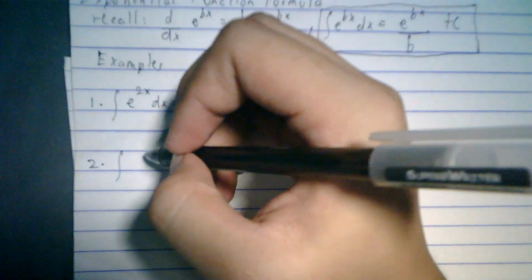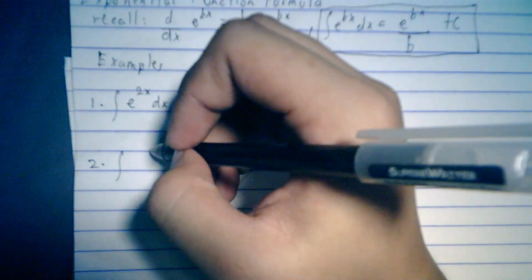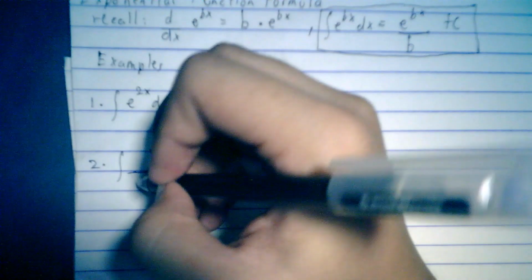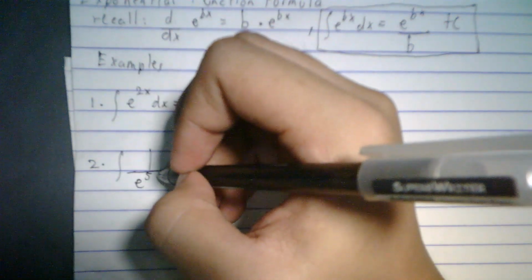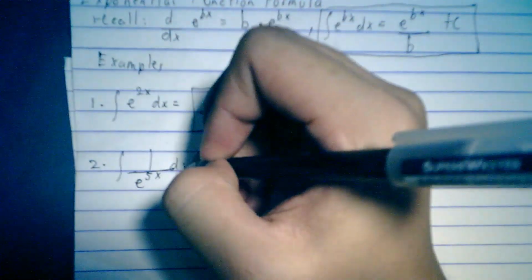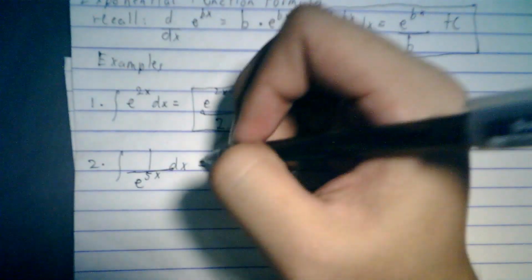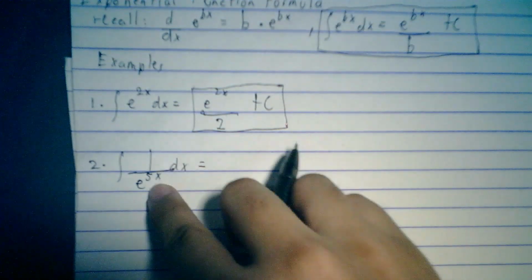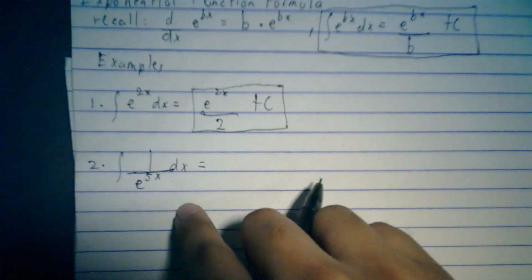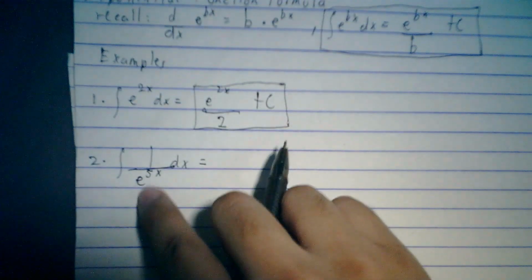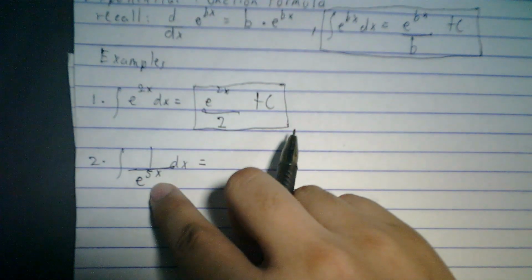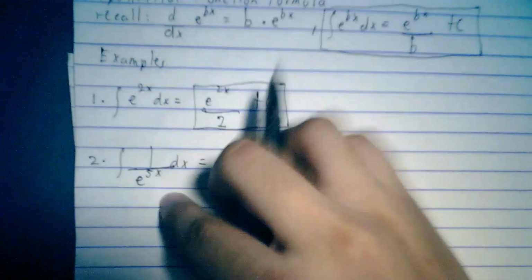So we have the integral of 1 over e raised to 5x dx. First thing we do here is to rewrite the function. By doing that, we need to raise this function upward.